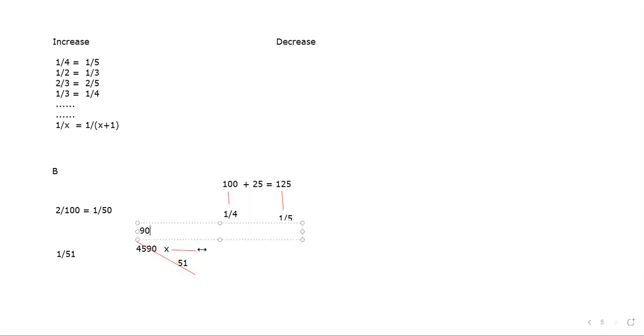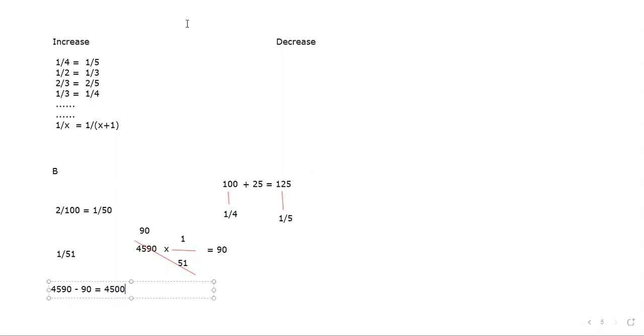So it means the inflated amount in the bill is 90 rupees. So 4590 minus 90 rupees, which is the inflated amount or the tax, gives 4500, the amount of electricity consumption by Sarah. Okay, so this is a very important thing which I am telling you here.